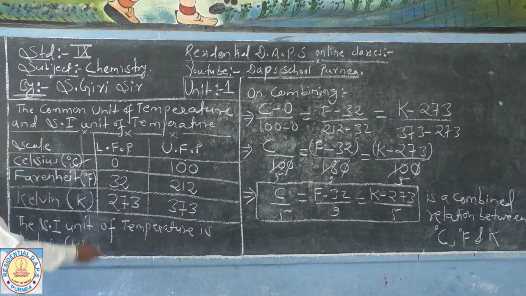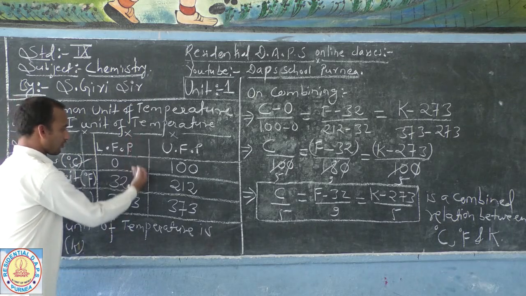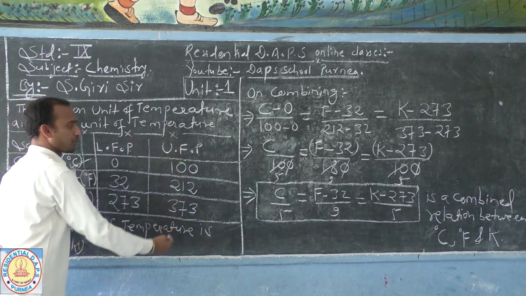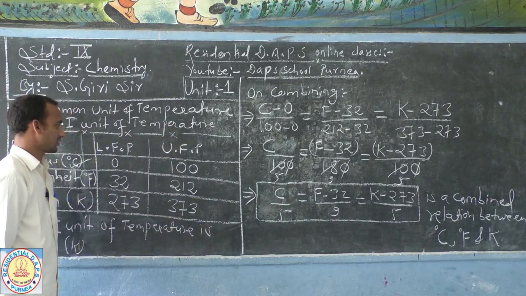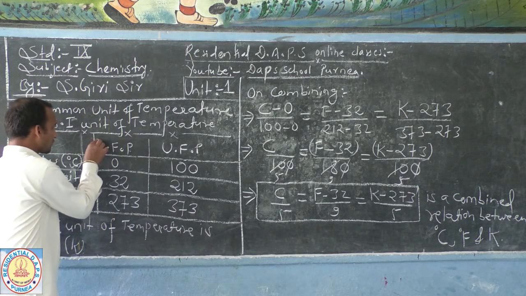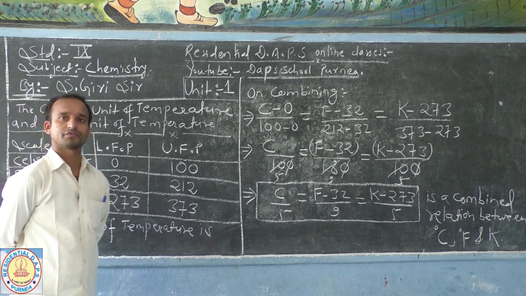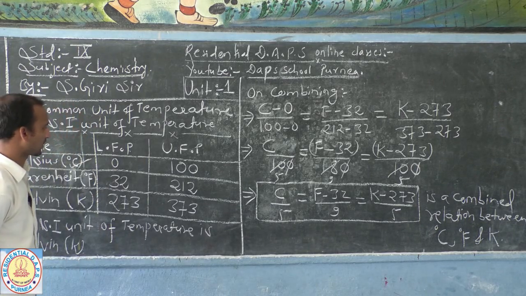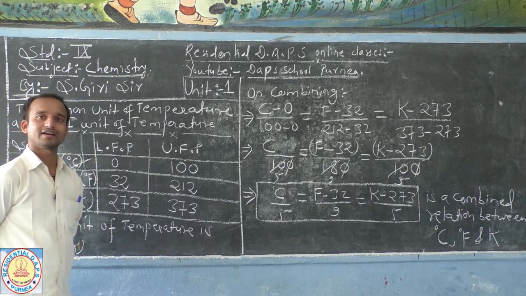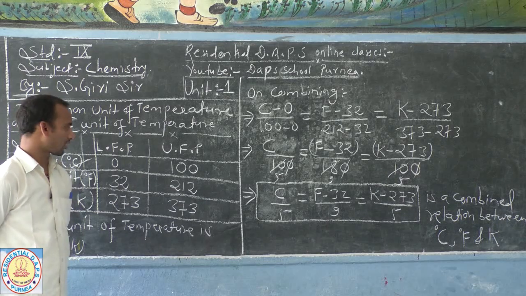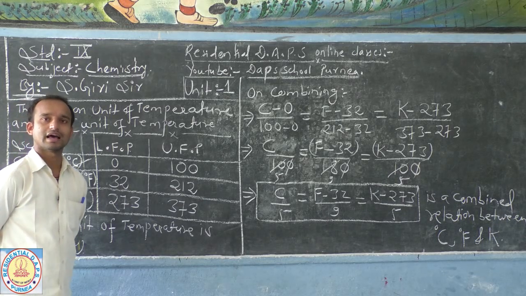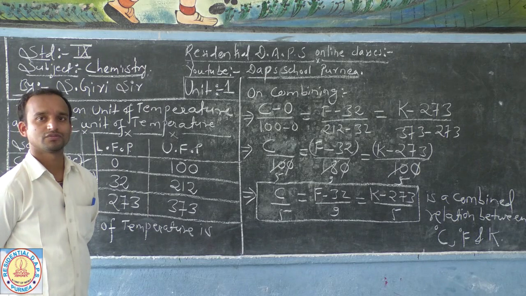Now here, dear students, I have written the three different scales, and here you can see the lower fixed point and upper fixed point of different scales. Now, what is the lower fixed point and the upper fixed point? Exactly, the lower fixed point and upper fixed point are designed on the melting point of ice and the boiling point of water.